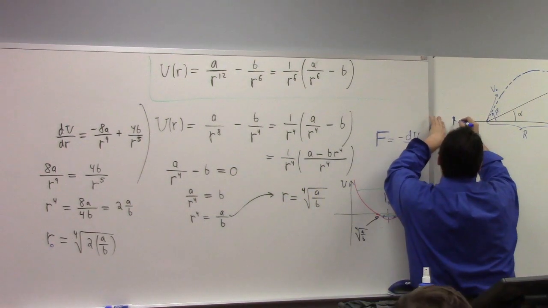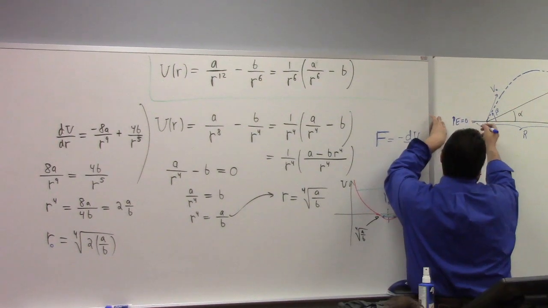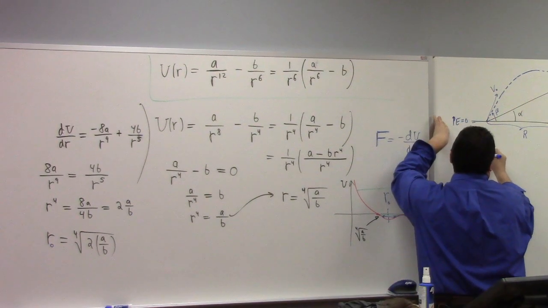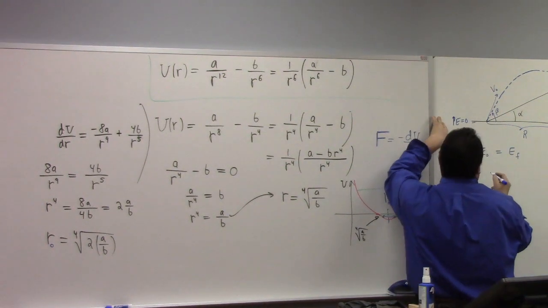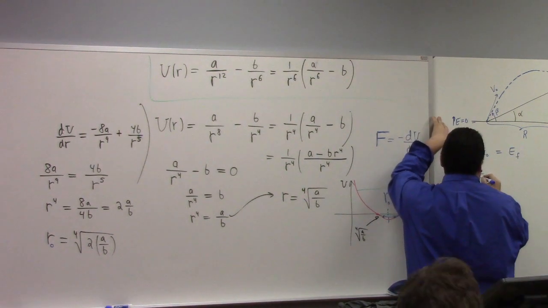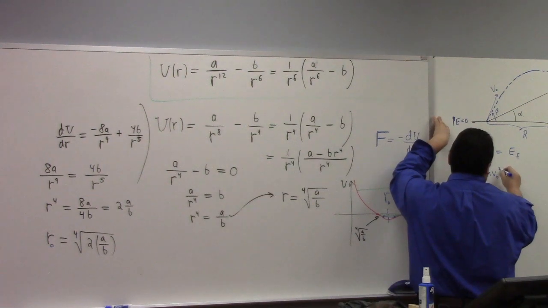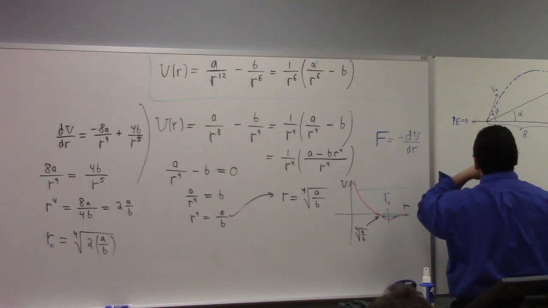So the energy at the start equals the energy at the end. At the start we have 1/2 m v naught squared, equal to what?